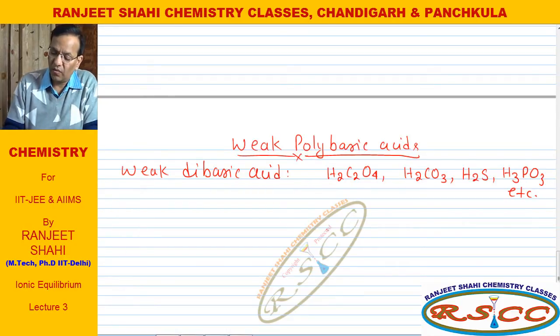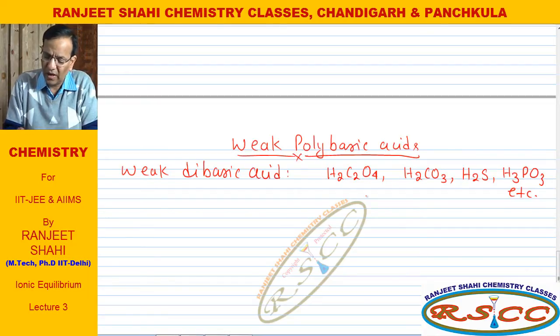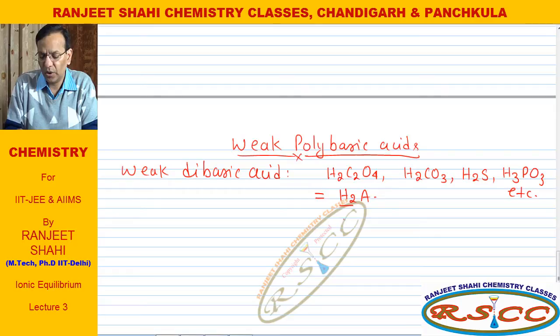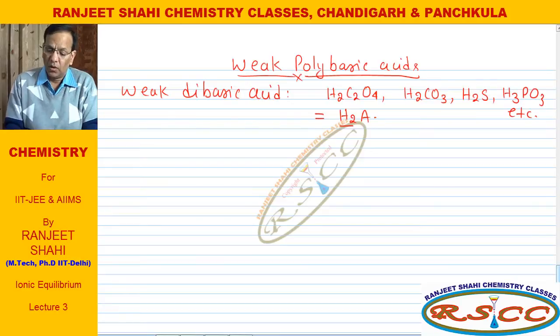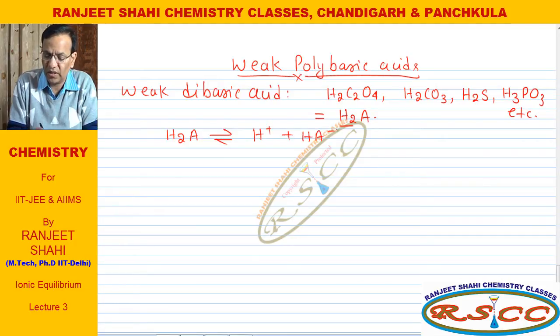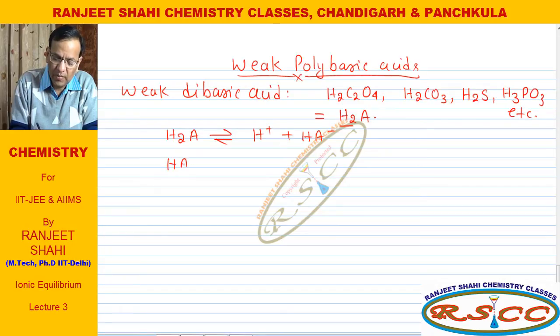Before we take any case, let us generalize them by the formula H2A, where H2 represents 2 ionizable hydrogen for dibasic acid. So the ionization of dibasic acid can be expressed as H2A ionizes to give H+ plus HA- in the first step, and then HA- ionizing in the second step to H+ plus A2-.